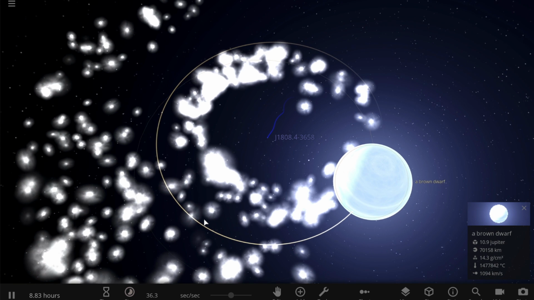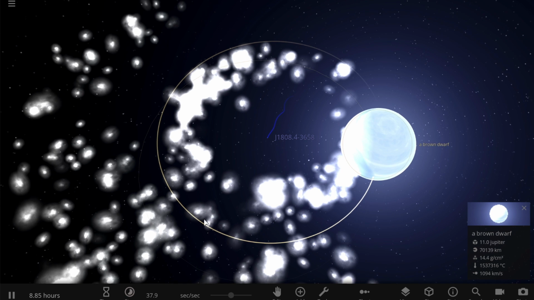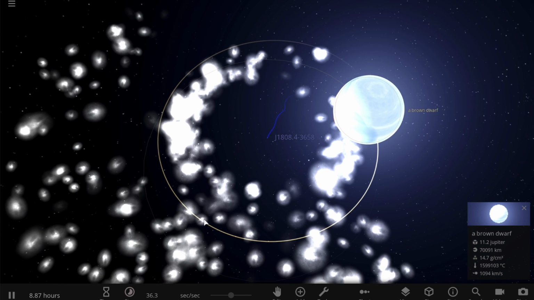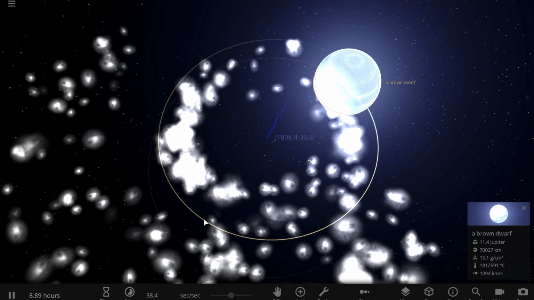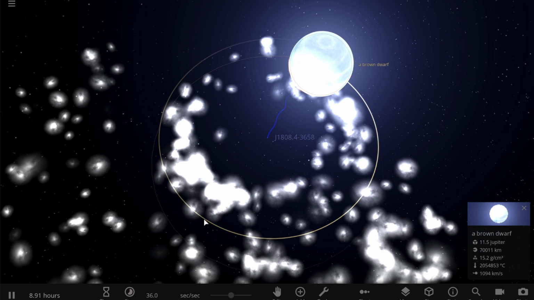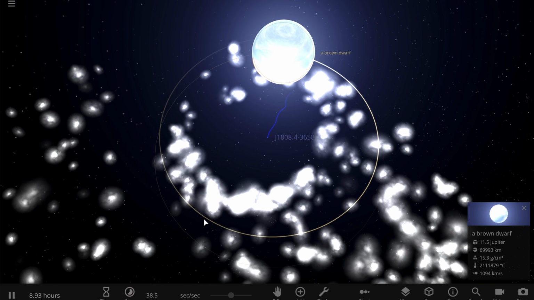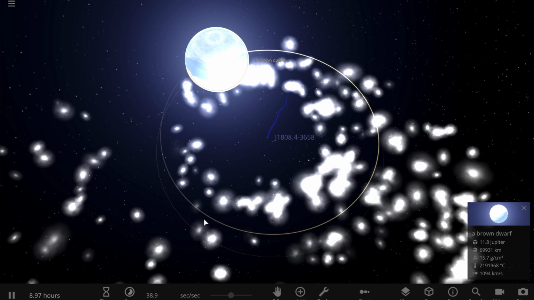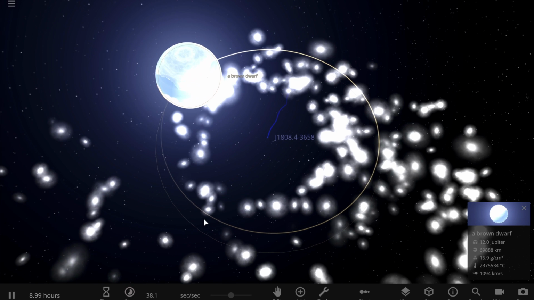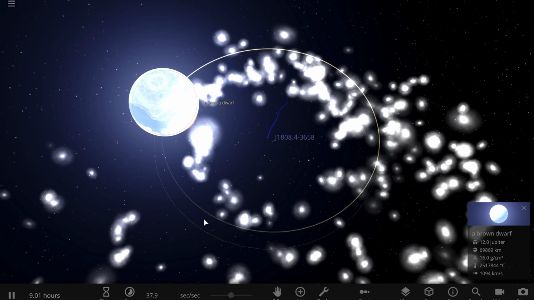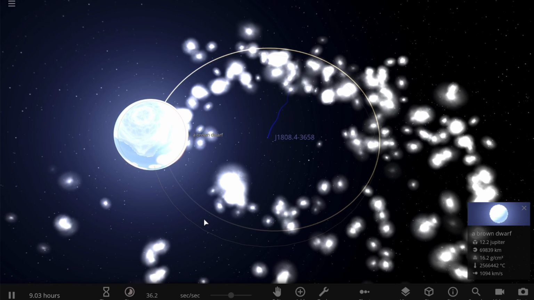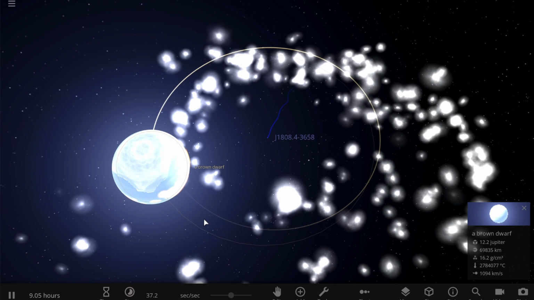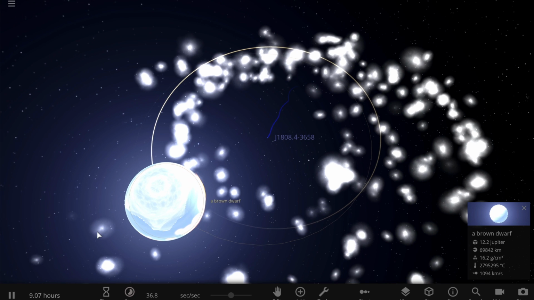When it lands on the pulsar, it will undergo fusion because it's so hot there. It will fuse into helium, and it will land on the pulsar. And it's pretty cool.